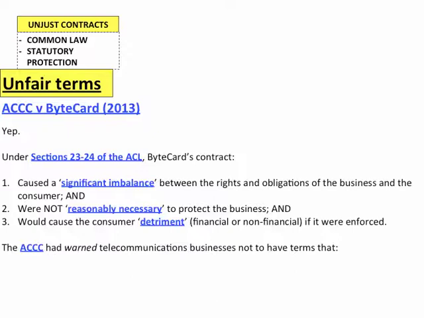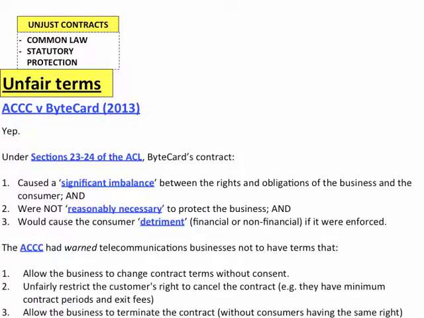Now the ACCC had already warned telecommunications businesses especially not to have those terms that allow change to contract terms without consent, not to restrict the customer's right to cancel the contract.